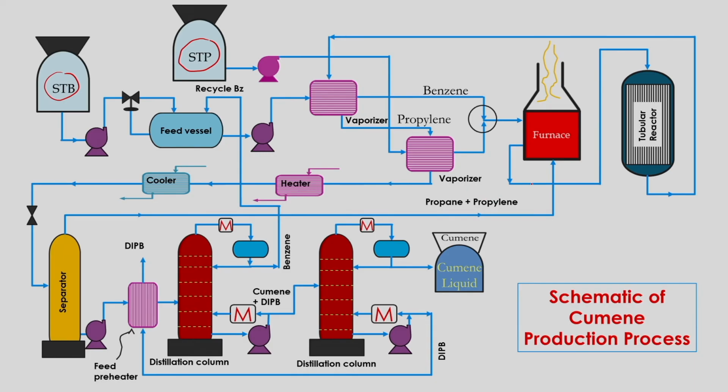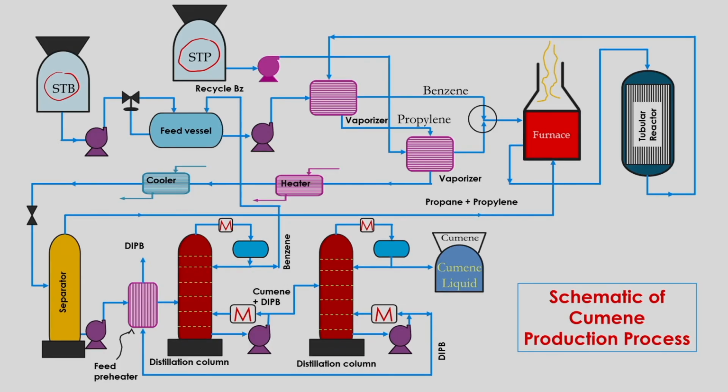From the reactor, these unreacted propane, propylene and benzene, along with the products like cumene and a small amount of byproduct DIPB, will be separated in a separator, and there will not be only a single separator, because in a particular separator you cannot separate all the products at a time.